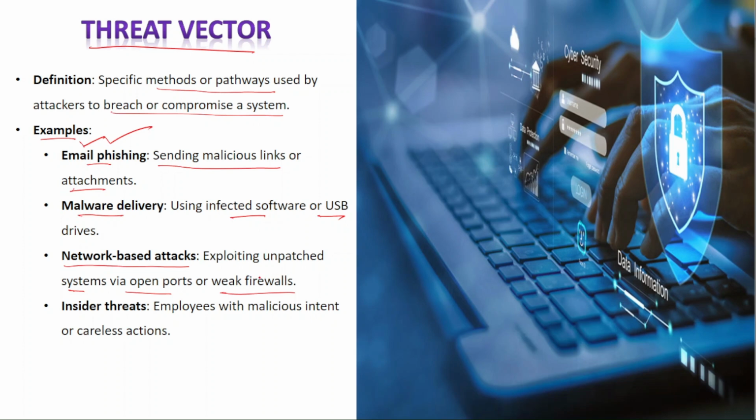This is again a threat vector through which an attacker can enter your internal or private network. Similarly, there are insider threats, employees with malicious intent or careless actions. These are your internal employees who have legitimate access to your system and data, but they can also be threat vectors. They may be threat vectors for other organizations or for nation-state actors.